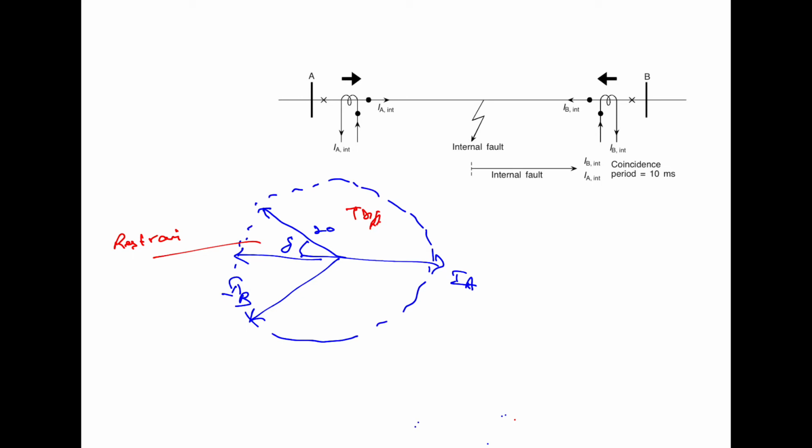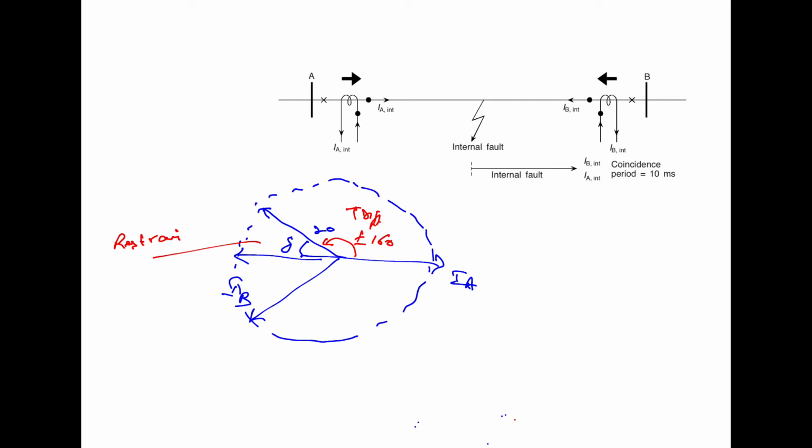Let us assume that we will have a 20-degree delta, and any phase shift between 0 and 160 degrees will indicate an internal fault, because this is 20 degrees, so it is plus minus 160 degrees, whole of that angle.